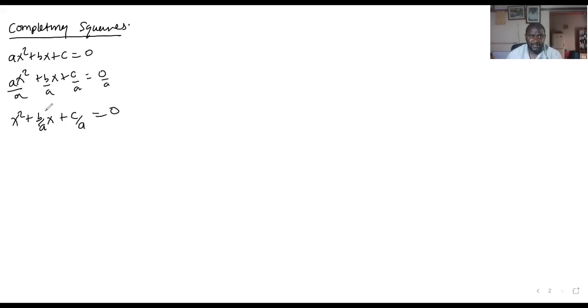This is linear x. This is quadratic. This is a constant. So the coefficient on linear x is going to be, if x squared is the quadratic plus b out of a of x, the coefficient on linear x, which is b out of a.